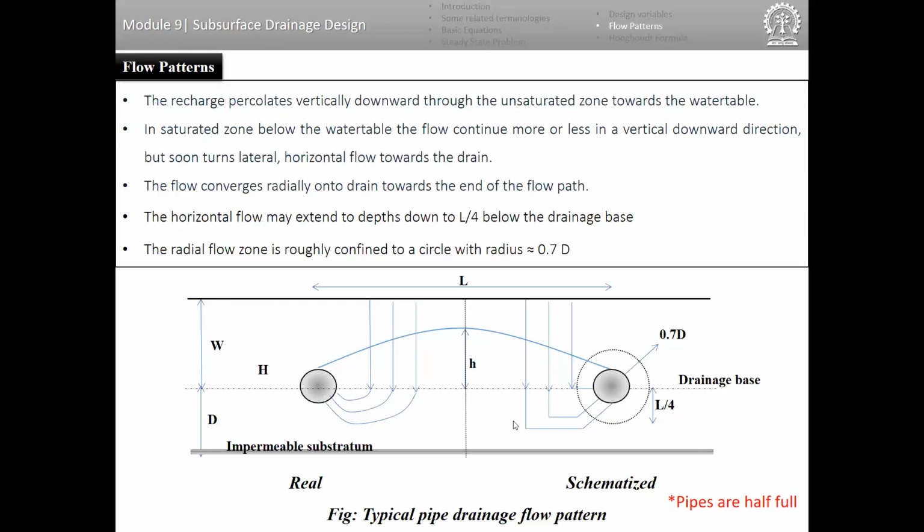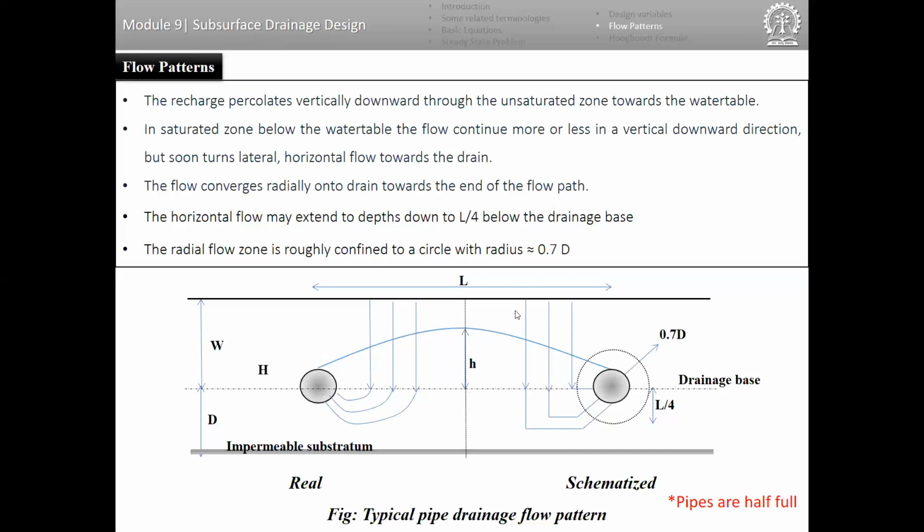This figure shows the streamlines of drainage flow patterns towards two parallel pipe drains. Small q is the recharge that is happening, and these are all the streamlines that are recharging. This is the water table, this is the unsaturated zone and this is the saturated zone.